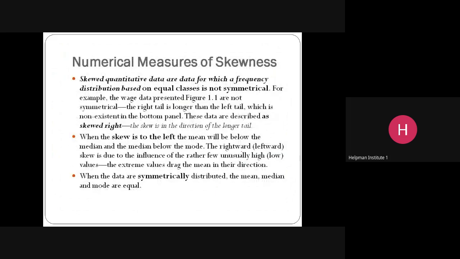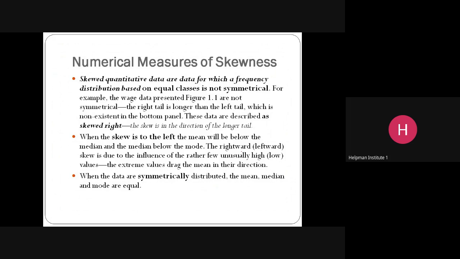Now, the third numerical measure that we talk about is the measures of skewness. Skewed quantitative data are data for which a frequency distribution based on equal classes is not symmetrical. What do we mean by that?